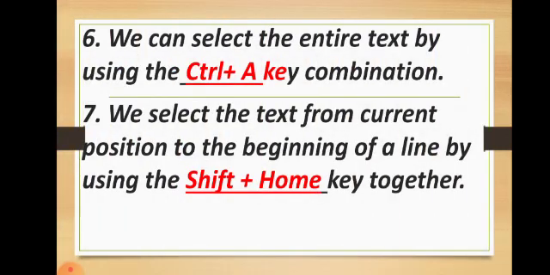Next point, we can select the entire text by using the Ctrl plus A key combination. Together, when we press the Ctrl plus A keys, the entire text will be selected. Seventh point, we select the text from the current position to the beginning of a line by using the Shift plus Home keys together. When we press the Shift plus Home keys together, what happens? The text is selected from the beginning of a line to the current position.